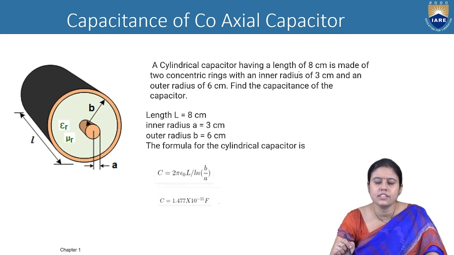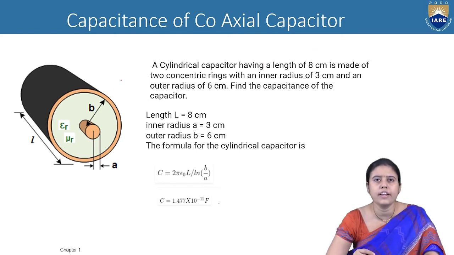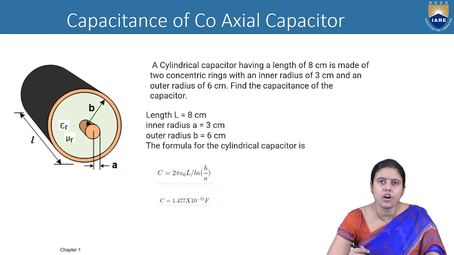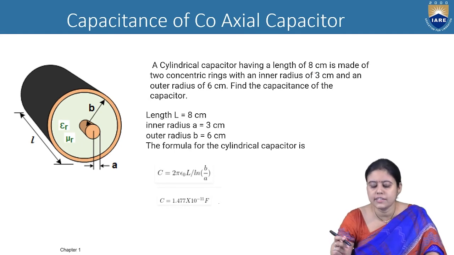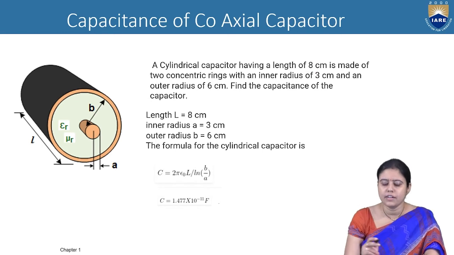Inner radius is 3 centimeter, A is 3 centimeter, and the outer radius, meaning the radius of the outer circle, B is equal to 6 centimeter. Find the capacitance of the capacitor.